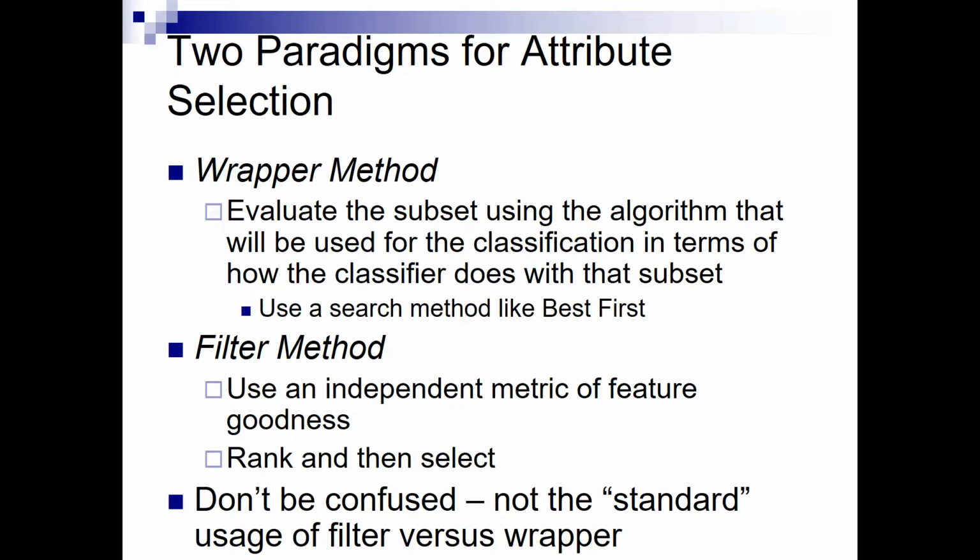So if you're using the wrapper method, you also have to pick a search method so that you can search the space of subsets of features and only evaluate some. But you never just evaluate single features out of the context of a subset. You always evaluate a subset of features, and whichever subset is best out of the subsets that you evaluate, that's the subset of features that you would retain, and you would throw away all of the other features.